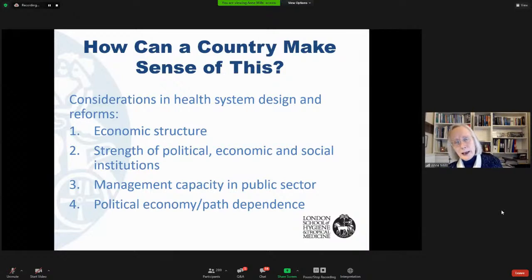So I find it helpful to think about what are the sorts of aspects of a country's context that help them think through what sort of health system design or reforms are appropriate. And I want to talk about four aspects of that: the economic structure of a country, the strength of political, economic and social institutions, the management capacity in the public sector, and issues of political economy and path dependence.